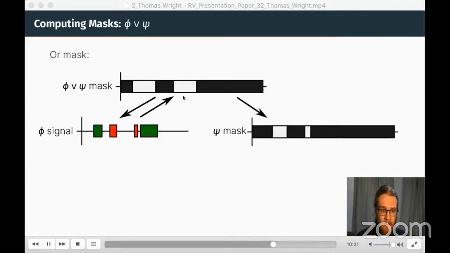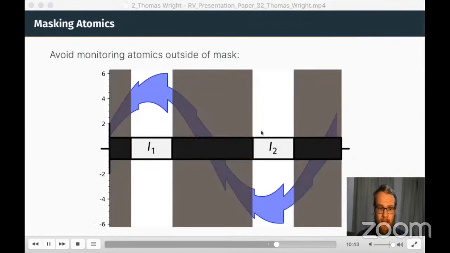Or for OR, if we first monitor a signal for phi, we can then pass this down to find an appropriate mask for psi. And when we reach the atomic propositions, we are able to restrict the monitoring for the atomic proposition by restricting the time domain to the regions inside the mask.